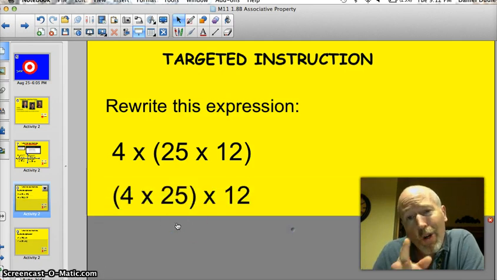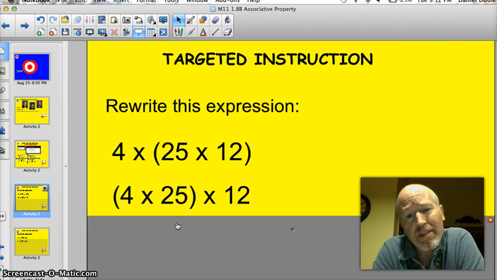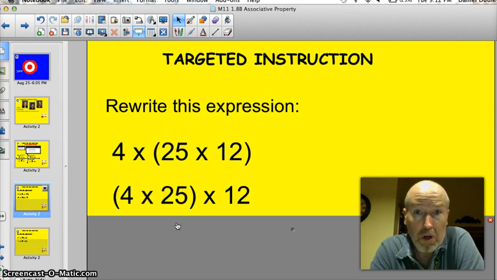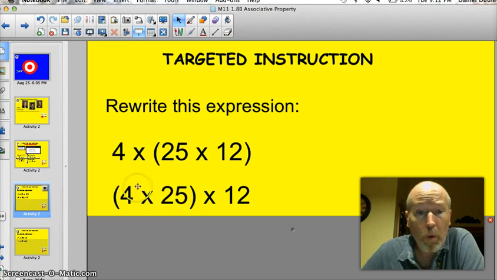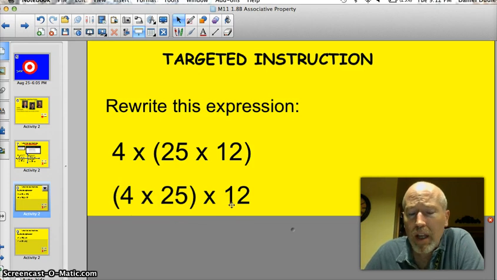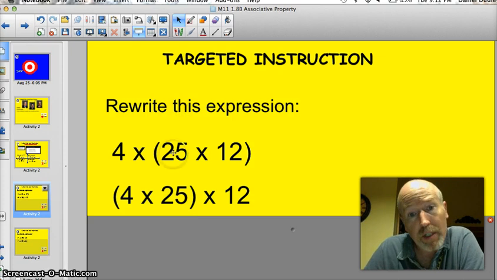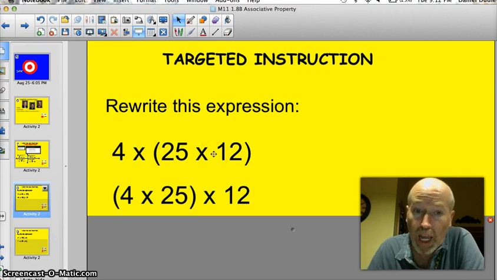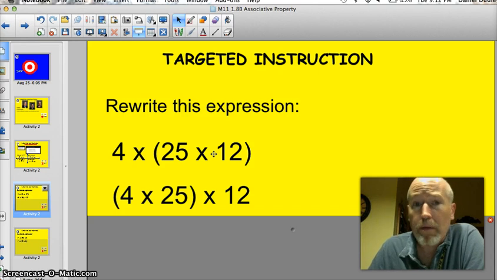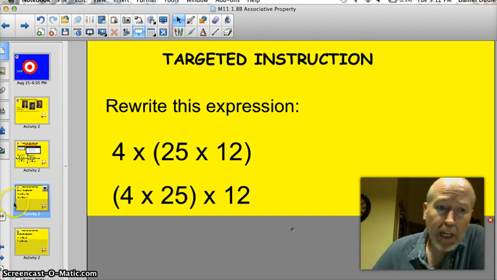I bet a lot of you know what 4 times 25 is. 100. What's 100 times 12? 1200. And now all of a sudden, by using the associative property and rewriting the expression, we can solve that without a calculator. Otherwise, we would have had to type in 25 times 12 or do it longhand and multiply that times 4. So it worked out slick.